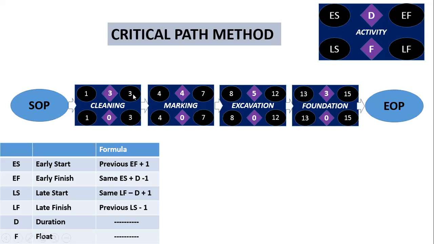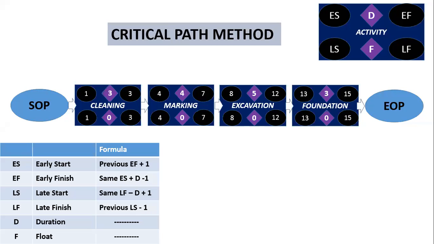Coming to the cleaning activity, 3 minus 3 is 0, 1 minus 1 is 0. That means we don't have any flexibility in this project; slack is 0. Got it?